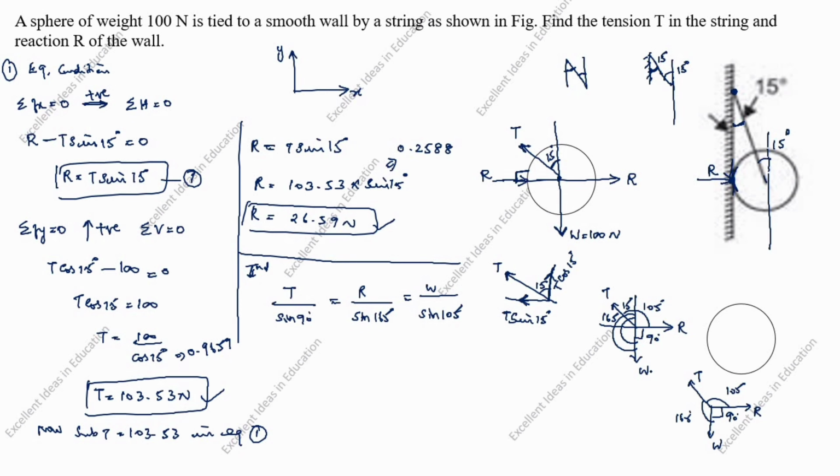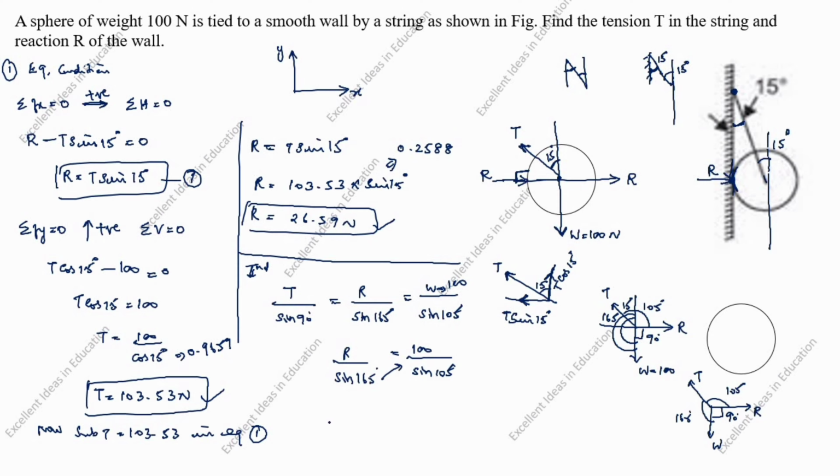So W is, we know, 100. So we will take this as 100. Next, you see here, this is 100 by sine 105. This T value, this R value we don't know. So first we will take this 2. R by sine 165 degrees equal to 100 by sine 105 degree.